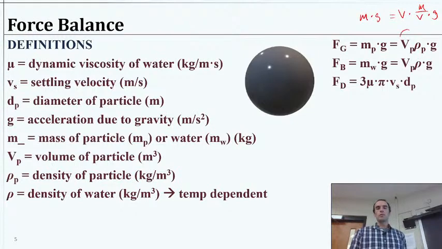So that's where we get these terms here, where rho p is the density of the particle, and rho with no subscript is the density of the water. That's all defined over here on the left. Okay, one thing I'll note here is for this calculation, we're going to keep everything in kilograms, meters, and seconds.